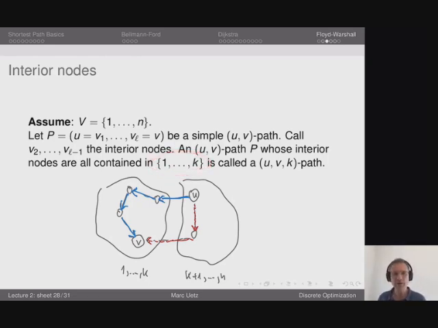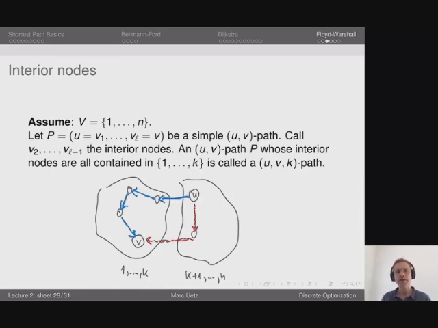When you look at this figure down here, we have vertex u here, we have vertex v there, and there is a path from u to v which only uses as interior nodes vertices from the subset 1 up to k and doesn't use any of the nodes k plus 1 up to n as interior nodes. There might be other paths from u to v, like this red one here, but that's not a uvk path. So a uvk path means a path from u to v with interior nodes restricted to the subset of nodes 1 up to k.